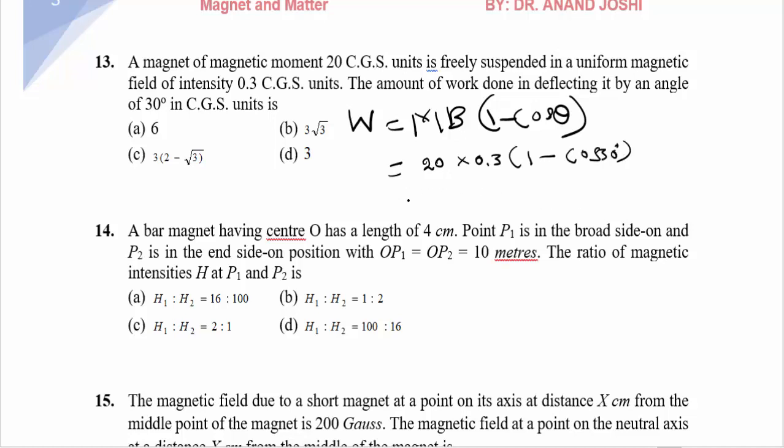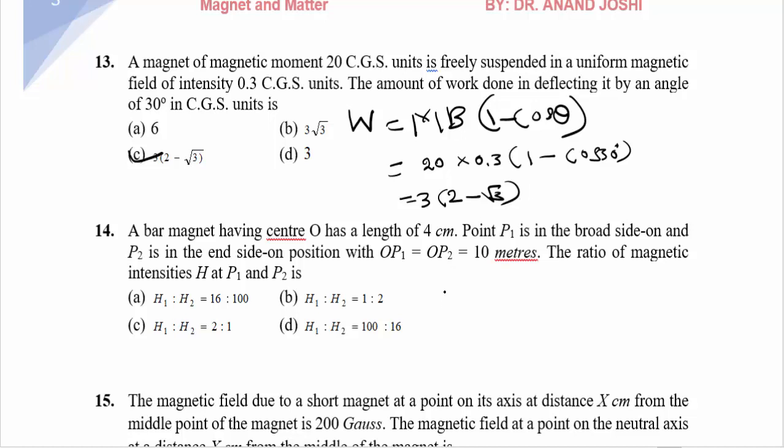If you substitute and do the calculation, you will get the answer as 3 into 2 minus root 3. Option is C. The 13th question is a straightforward formula, W equal to mB into 1 minus cos theta.